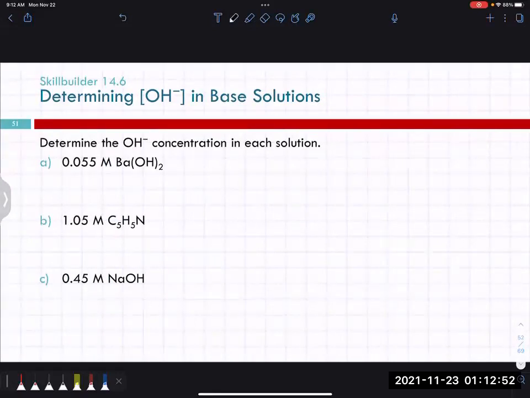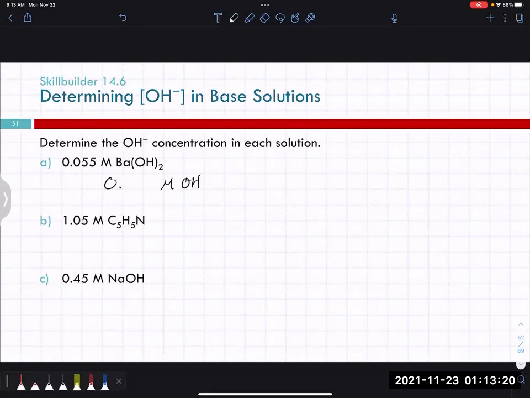All right, so let's try and do this like that last one. So this is a strong base. What's our hydroxide concentration going to be if it's a strong base? Is it going to be the same or less than? It's going to be the same, 0.55 molar. Sorry, not 0.55, because there's two hydroxides.